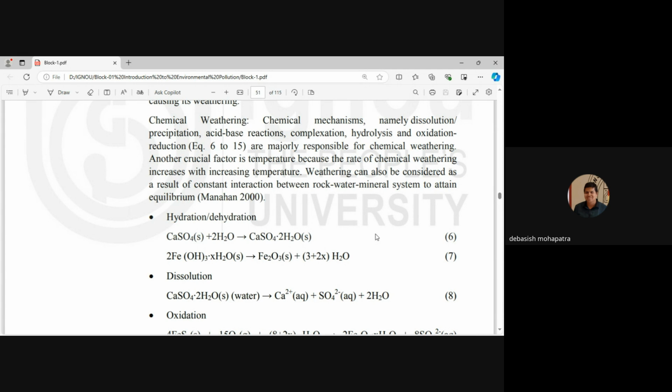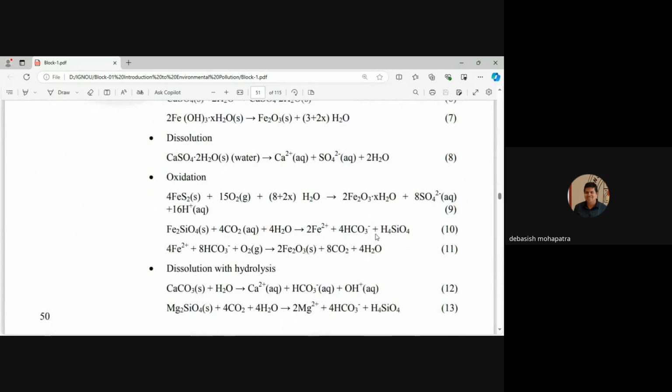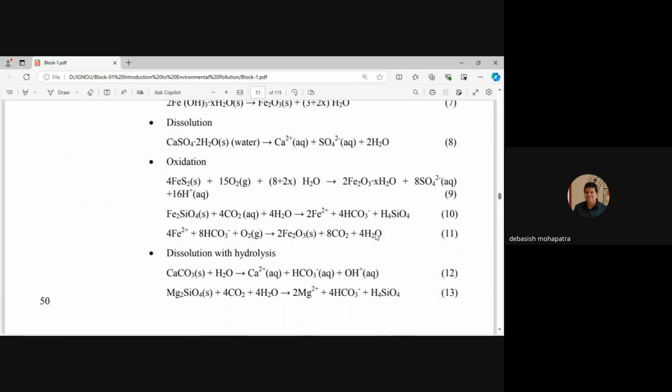Then dissolution: calcium sulfate dot water gives calcium plus sulfate plus water. Then oxidation is FeS plus oxygen plus water gives Fe2O3 xH2O and SO4. FeSiO4 plus 4CO2 plus 4H2O gives 2Fe2 plus 4HCO3 plus H4SiO4.